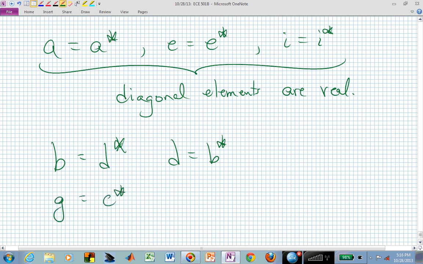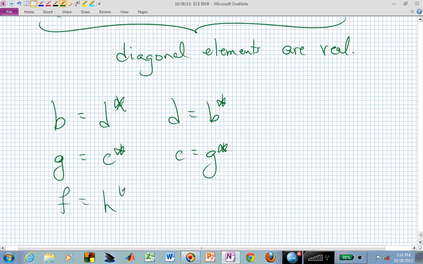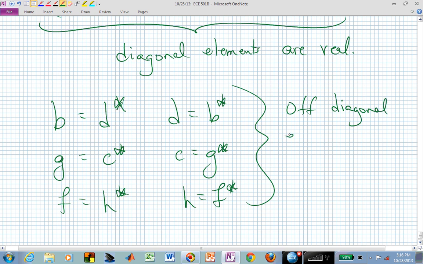G is C star, and C is G star. And F is H star, and H is F star. And those are just our off-diagonal elements. The off-diagonal elements are conjugate pairs of each other.